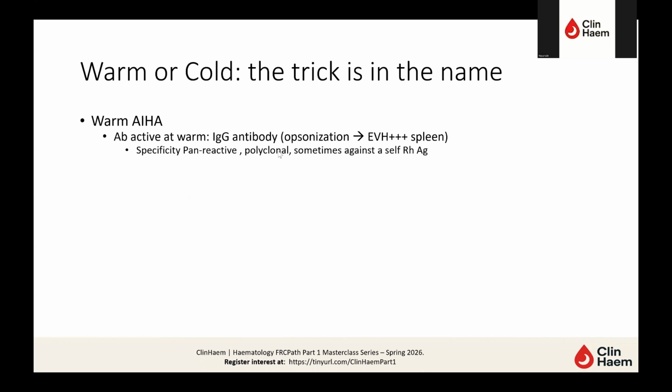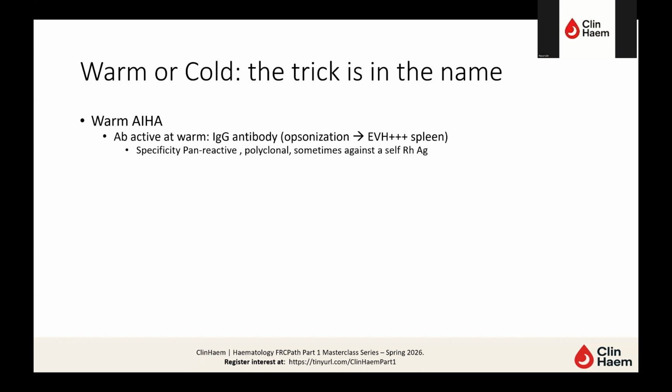The antibody in warm is usually a pan-reactive antibody, by which I mean that even though it's an autoantibody, it is not specific against a particular red cell antigen. As you know, there are billions of red cell antigens, but it's just reacting to everything. And it is polyclonal. But sometimes you can prove that it is targeting a specific red cell antigen, specifically in the RH group.